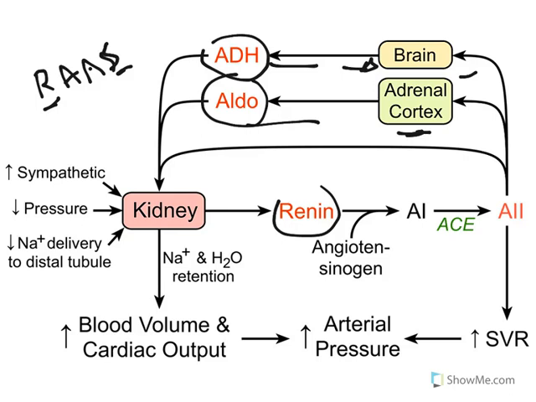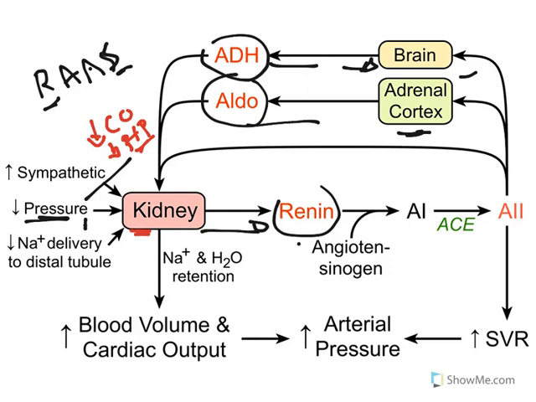So in the kidney, how will we regulate pressure? If the blood pressure is very low, the kidney will secrete renin. Low blood pressure means low cardiac output, either the volume is low or the hydrostatic pressure is low.